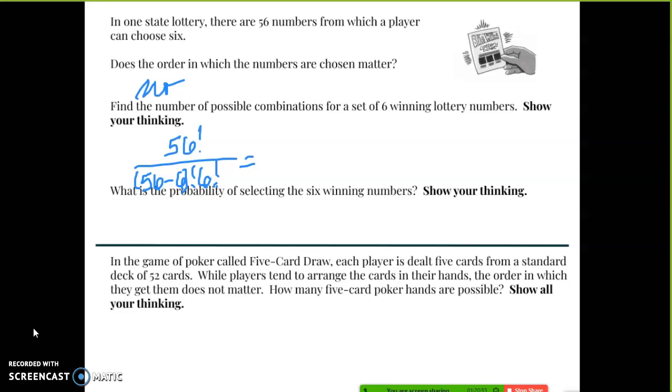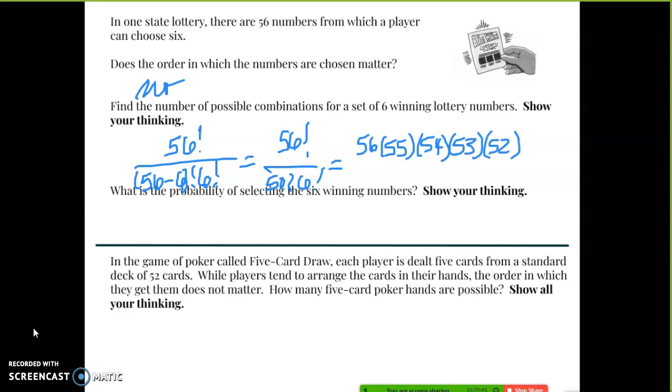So that's going to be the same as 56 factorial divided by 50 factorial times 6 factorial, which is the same as 56 times 55 times 54 times 53 times 52 times 51 divided by 6 factorial, which is 32,468,436.